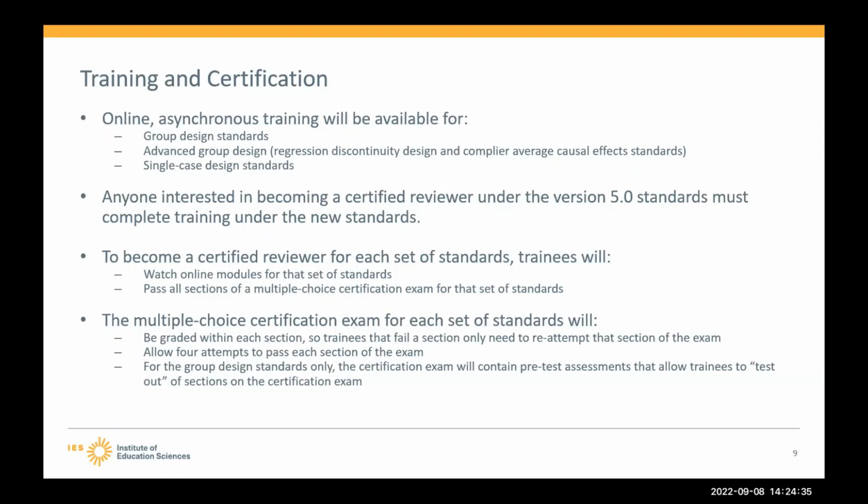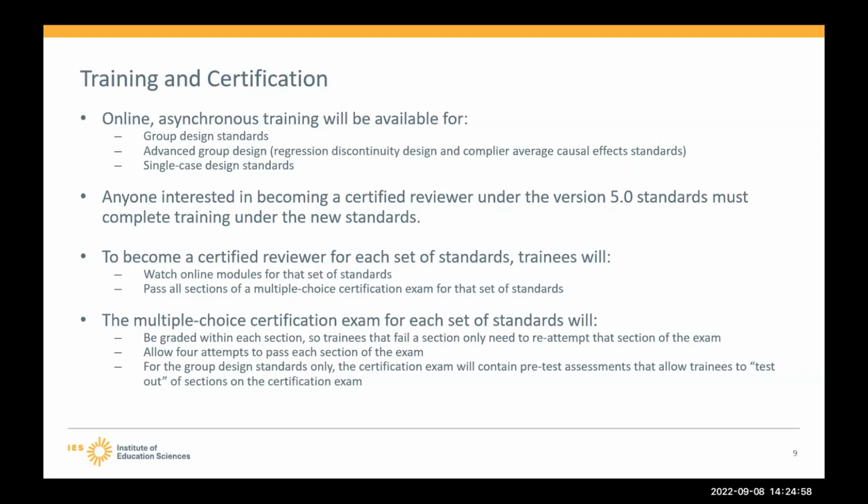All exams will be graded by section. If someone fails a section, they will need to retake only that section. So for instance, if you fail baseline equivalence, then a retake will only include baseline equivalence. And each certification will allow 4 attempts.